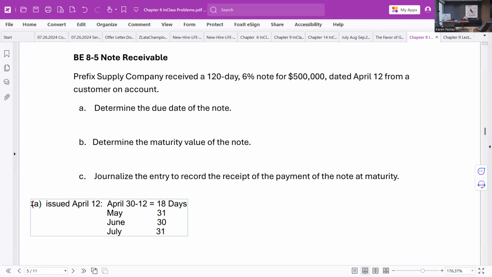So where are we so far? How many days do we have? This note is a 120-day note, so we need 120 days. So 18 plus 31 plus 30 plus 31 is only 110 days. We're not done yet. We still need another 10 days.